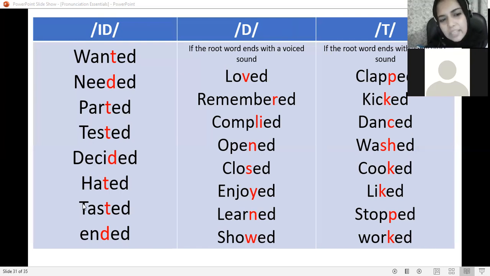This one is tested, but this is tasted. Tasted. And this one is ended.